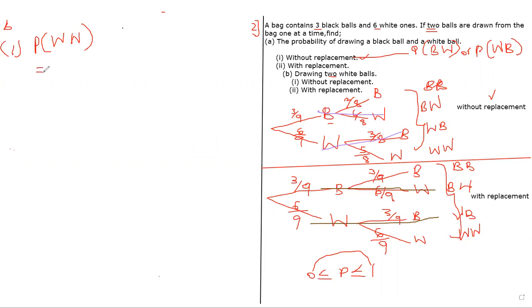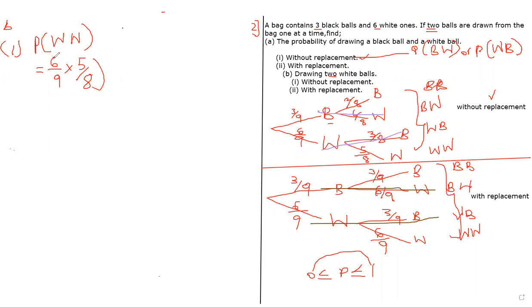Our work is just to calculate mathematics, not to even ask ourselves which balls they are talking of. So for white here, we have 6 over 9 times 5 over 8.